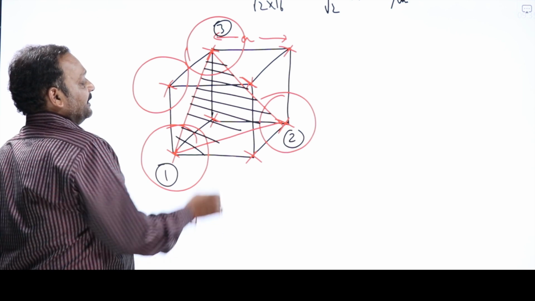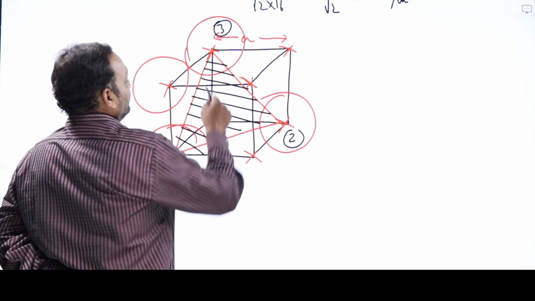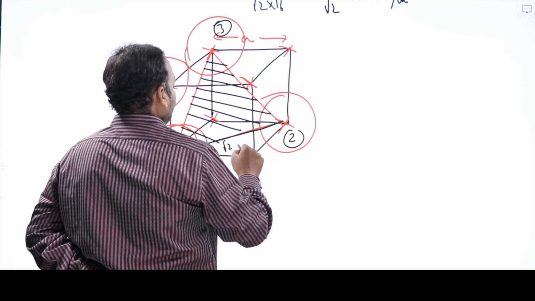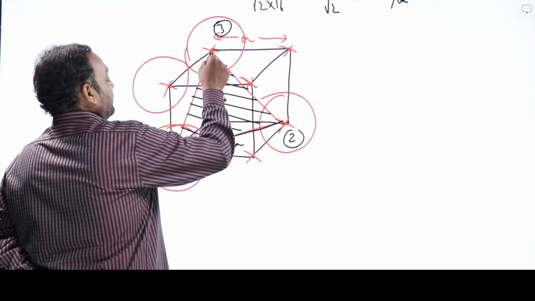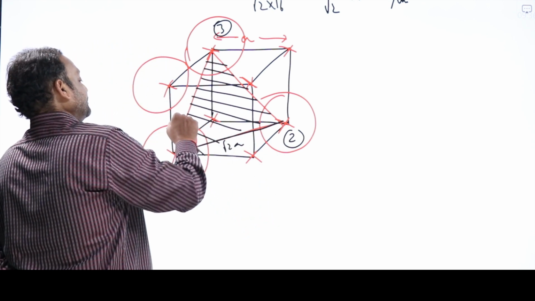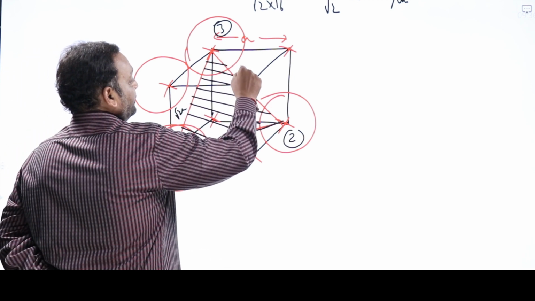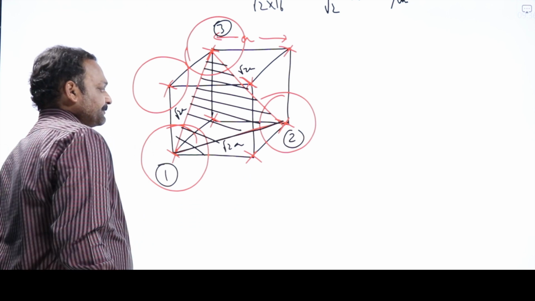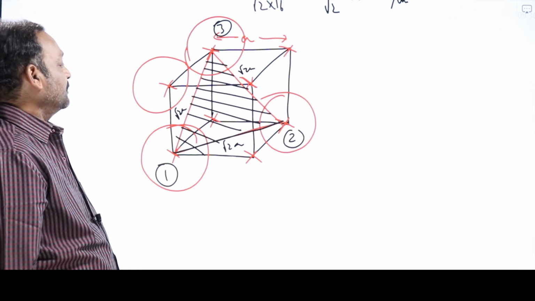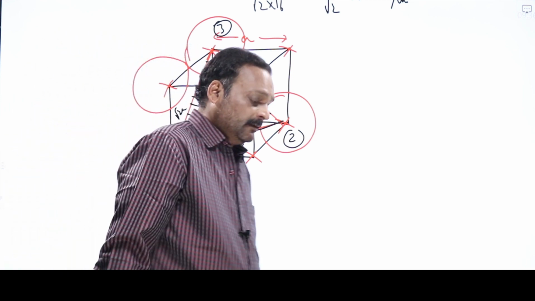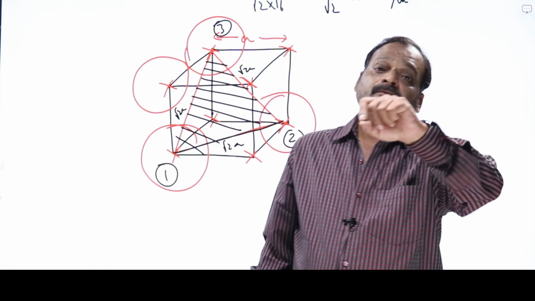The area of this 111 plane: it is an equilateral triangle, isn't it? This is one face diagonal, root 2a. This is another face diagonal, the left face diagonal, its length is also root 2a. This one is the back face diagonal, also root 2a. So it is an equilateral triangle of side root 2a.